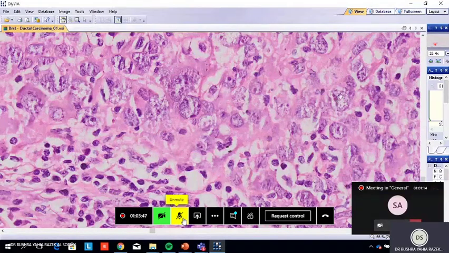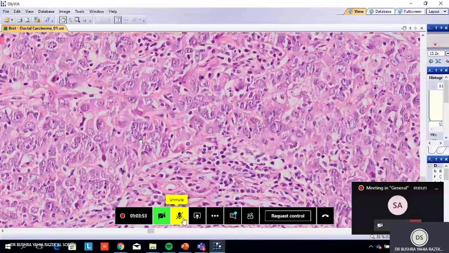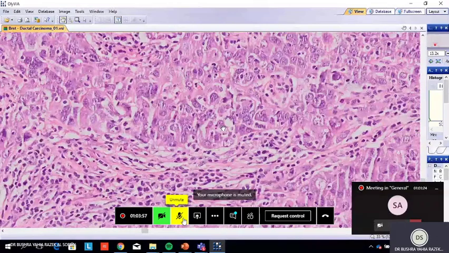See? This one is related to epithelial tumors.